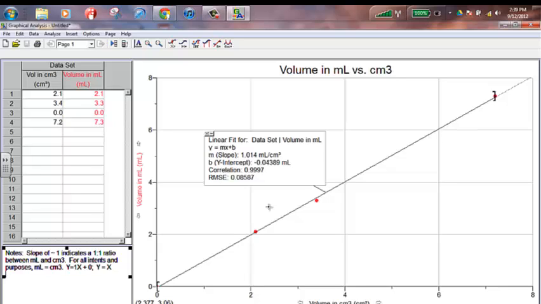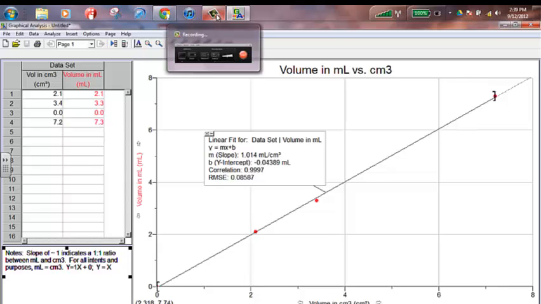Scientific information isn't necessarily just something that you know, it's information that has been experienced by someone and reported by someone, and you all experienced this yourself. You, in essence, discovered that milliliters are equal to cubic centimeters. Okay? So that's all for now. Hopefully you understand that milliliters is equal to cubic centimeters and why that's so.